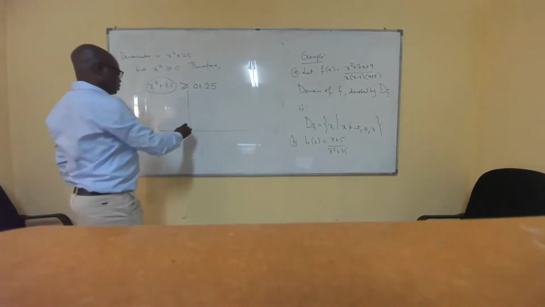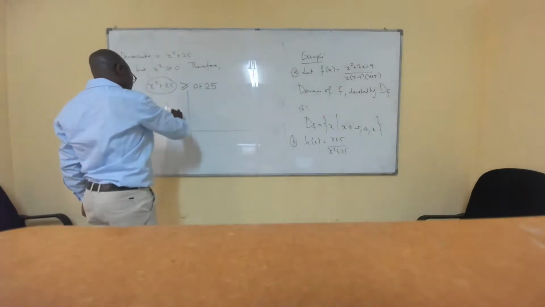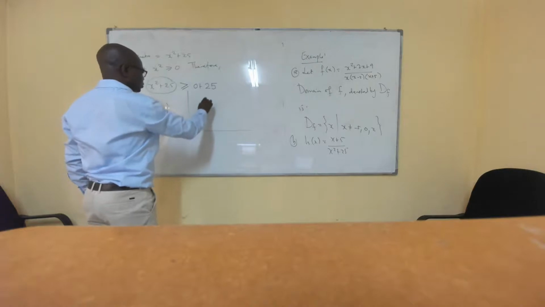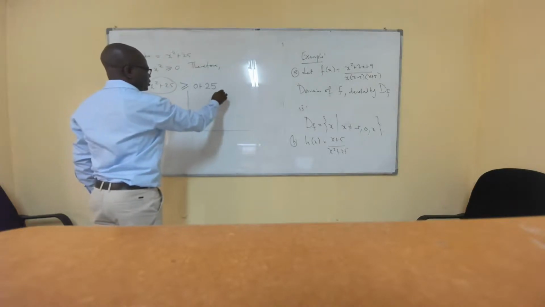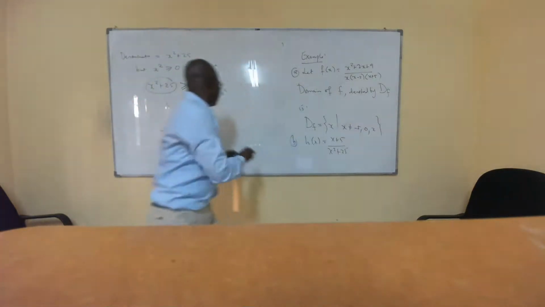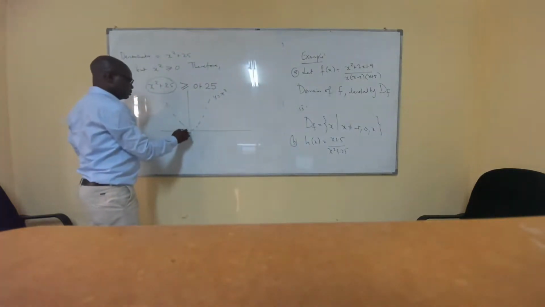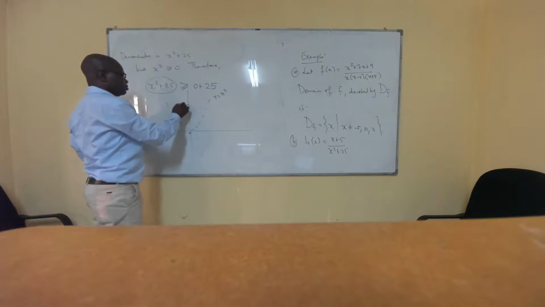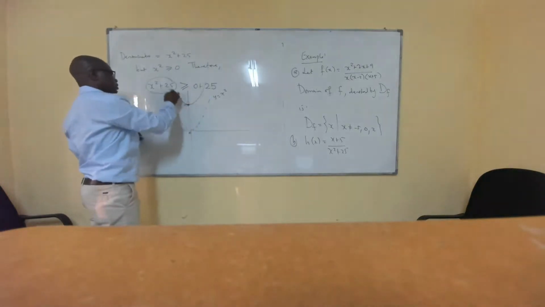The graph passes through this one, y equals x squared. When I add 25, I'm just lifting it up. It passes through 0, so it will be lifted up there and go like this.